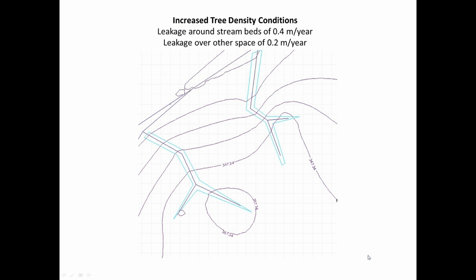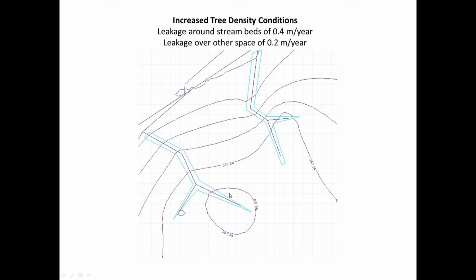So here are the new conditions for more trees. You can't see it, but I put a leakage zone that encompassed the whole Kanza Prairie area of 0.2 meters per year on top of the leakage zones that are around the stream beds. So outside of the stream bed areas, the leakage is modeled as 0.2 meters per year, and then at the stream beds, it should be about 0.4 meters per year.